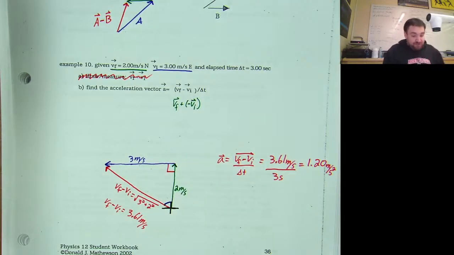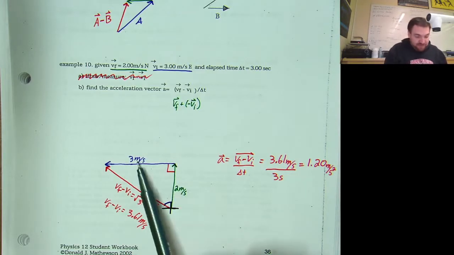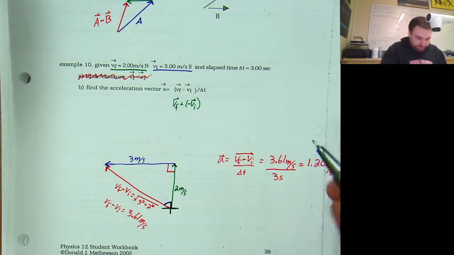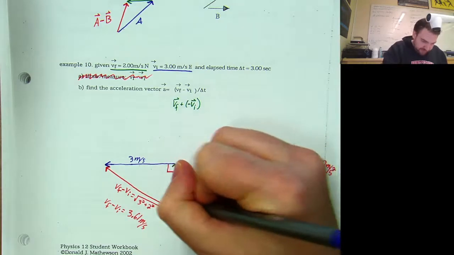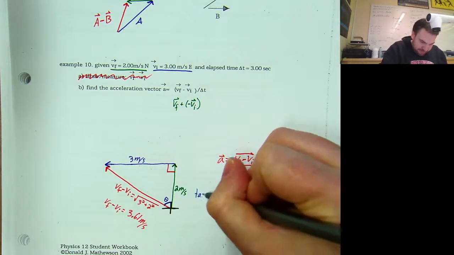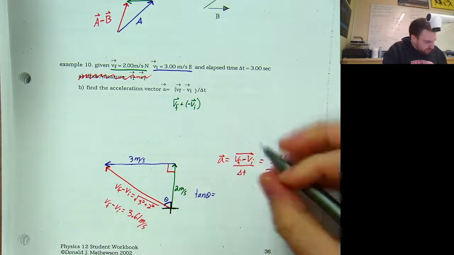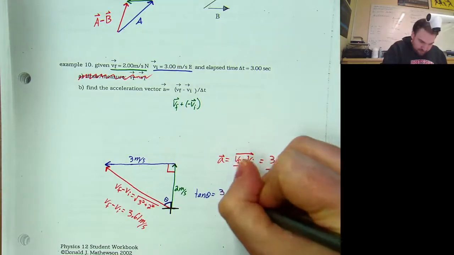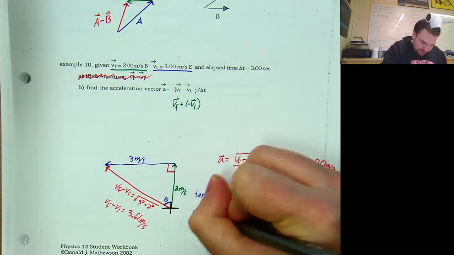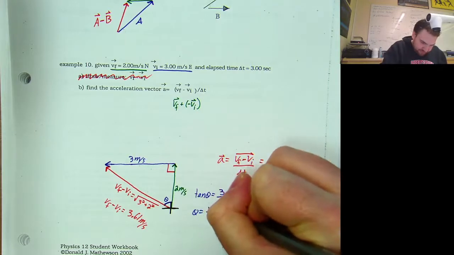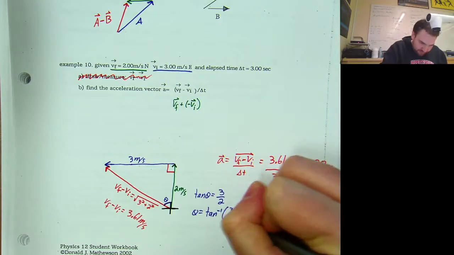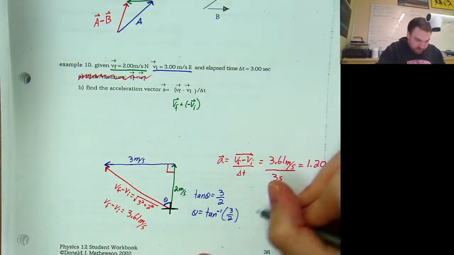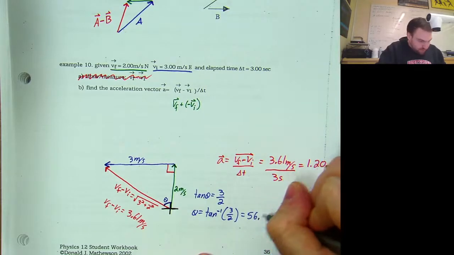To do that, I can just use sine, cos, or tan. I've got opposite and adjacent, so I'm going to use tangent. Call that theta. So tan theta equals opposite, which is 3, over adjacent, which is 2. So theta is going to equal the tan inverse of 3 over 2. That's going to be 56.3 degrees.